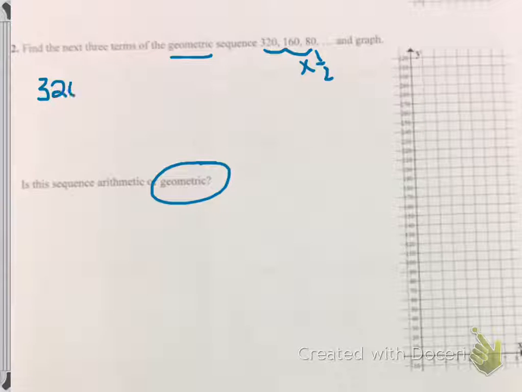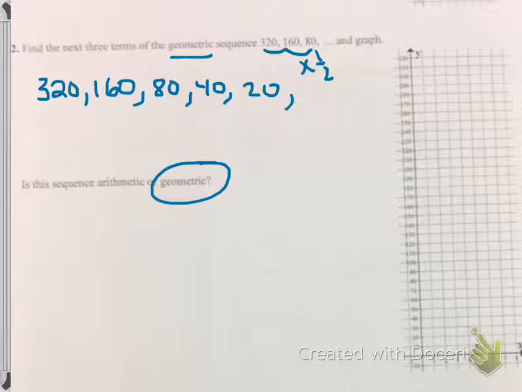So your first term is 320, 160, 80. And then if you times 80 by 1/2 or divide it by 2, you'll be at 40. The next term would be 20, 10, and 5. So again, when we're graphing these, we're going to write our ordered pairs.